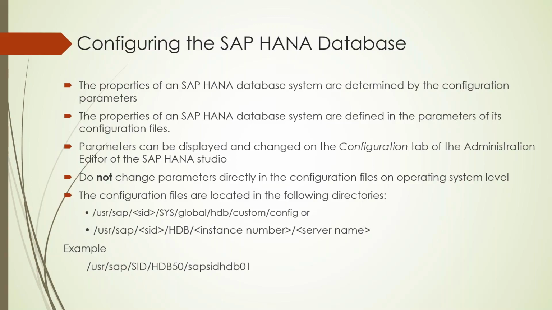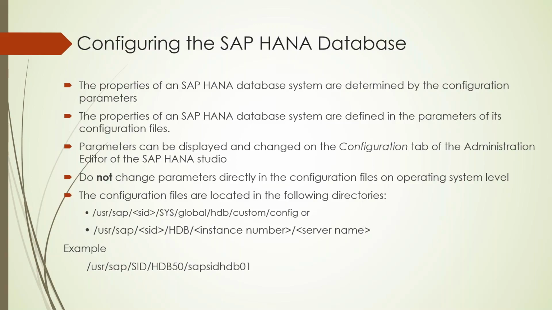From the system DB, you can configure the backups in the global.ini. We can trigger the backups from the system DB, and we can recover the tenant database from the system DB. So the system DB is basically used for administrative purposes like backup and recovery. Some parameters for backup configuration in the system DB we set in the global.ini, which is applicable for the entire system.